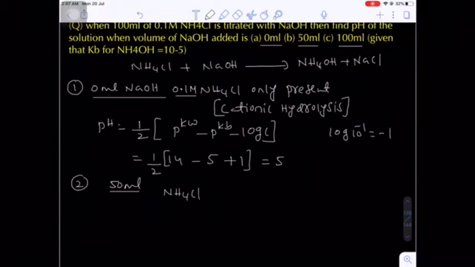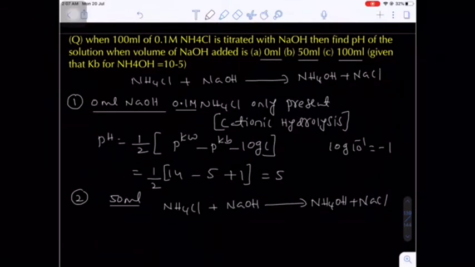Now the second case, we are adding 50 ml of NaOH. To the salt of a weak base and strong acid, that is ammonium chloride, we are adding the strong base NaOH. Yes or no? So there is a formation of weak base along with NaCl.